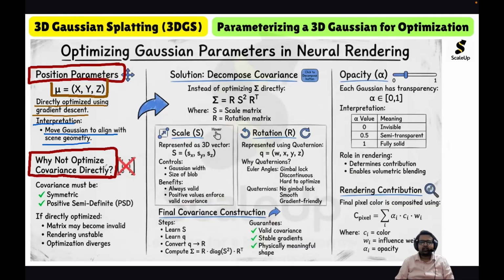Now we have millions of 3D Gaussians and we have to tune the parameters for all the Gaussians, the covariance, so that the rendered image is very similar to the real image, because the shape, size, and the orientation of the 3D Gaussian is affecting the image, and there will be one ideal value for all the Gaussians.